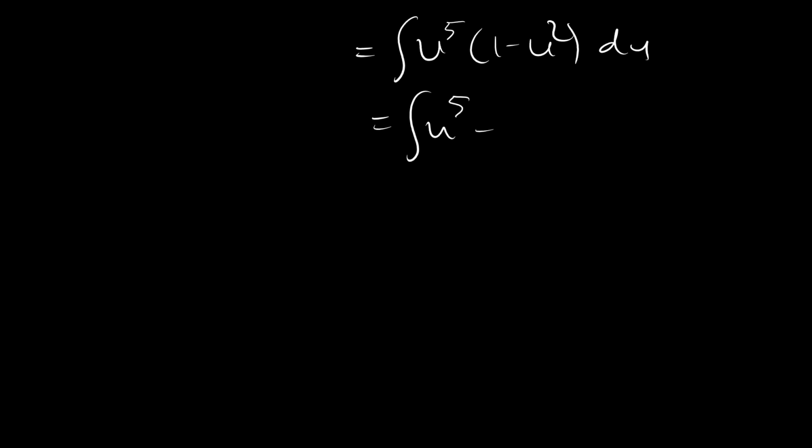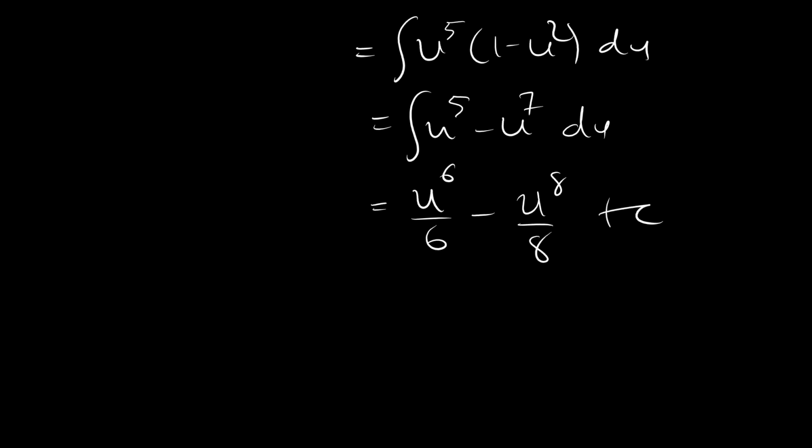Okay, so we have u to the fifth (1 minus u squared) du, which is u to the fifth minus u to the seventh du, meaning u to the sixth over 6 minus u to the eighth over 8 plus c.